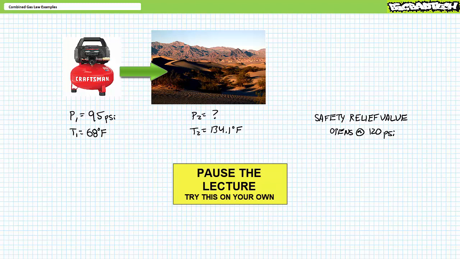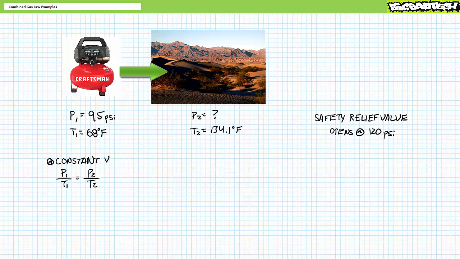If you're tracking, you should have obtained the following results. This scenario is clearly calling for application of Gay-Lussac's law. Given constant volume, pressure and temperature are related in the following fashion. P1 over T1 equals P2 over T2. Given increased temperature at the job site, pressure in the receiver will undoubtedly rise. Is it enough to blow the safety relief valve? We'll see.